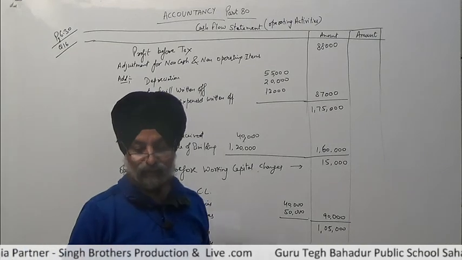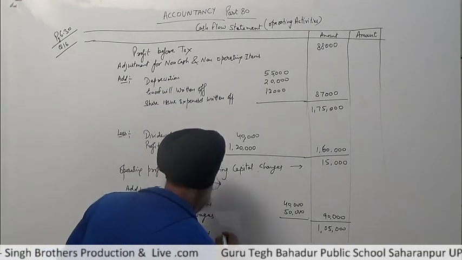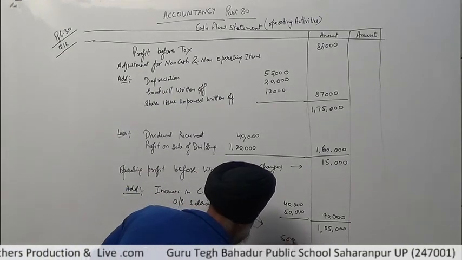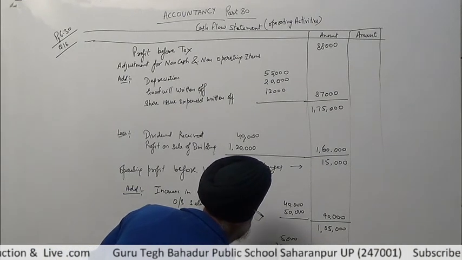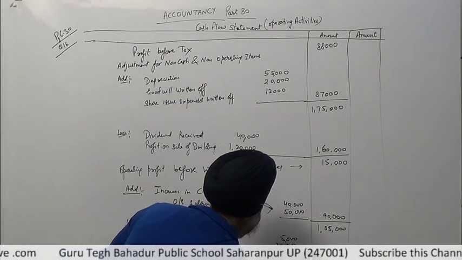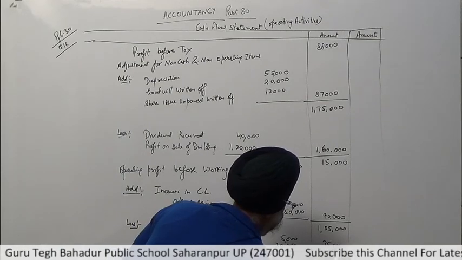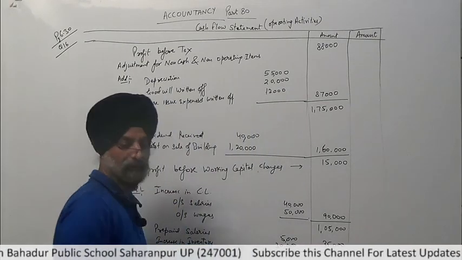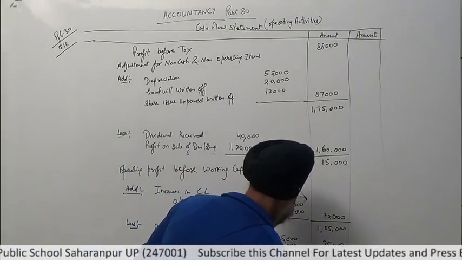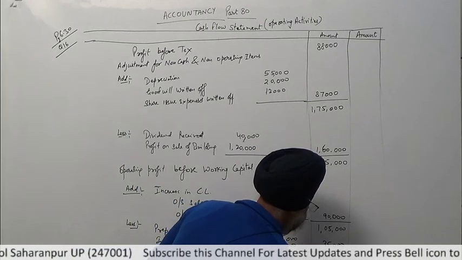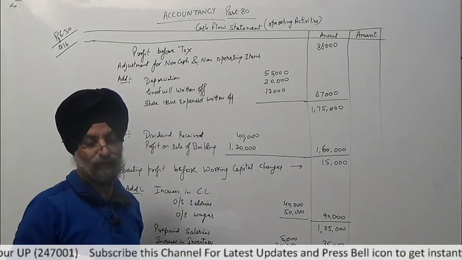In this way, at the last we get a balance of 70,000.